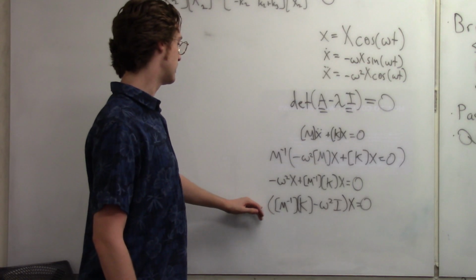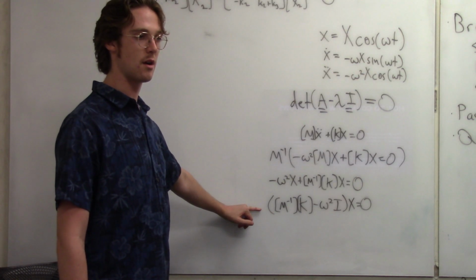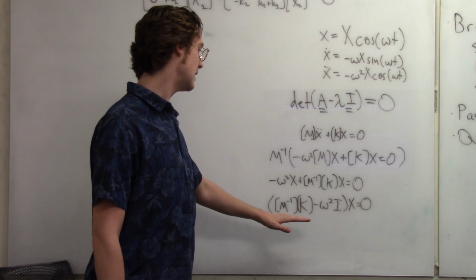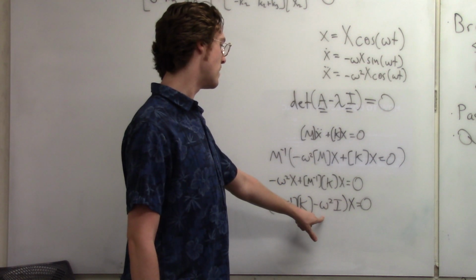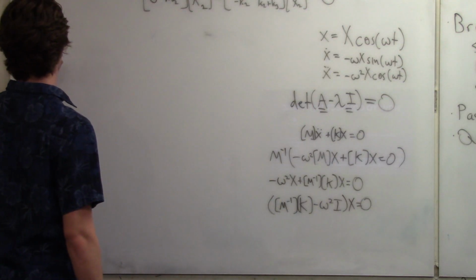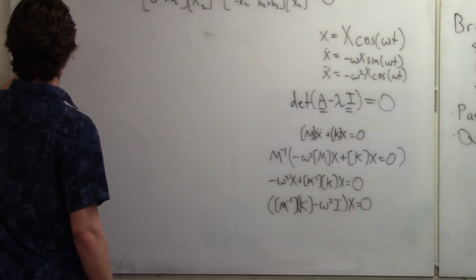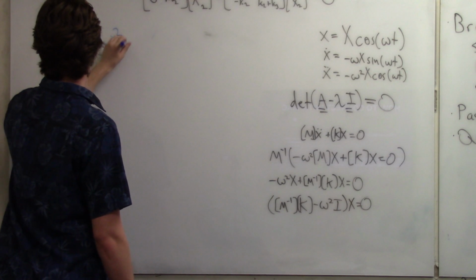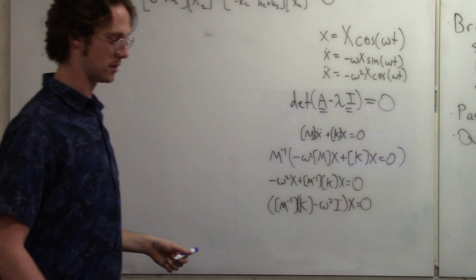Notice the similarity in forms to the eigenvalue problem that I wrote before. So now I'm going to declare that omega squared will always and forever be the eigenvalues of this system. So I'm going to formally define lambda as omega squared. That is important. You want to remember this.